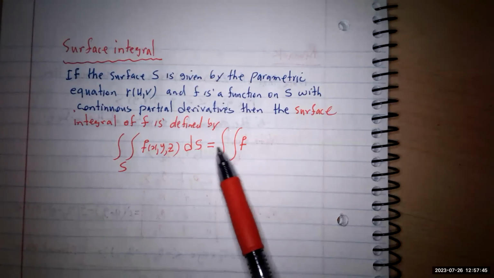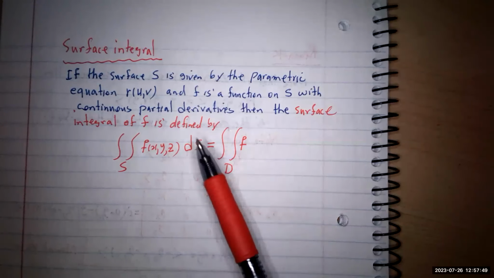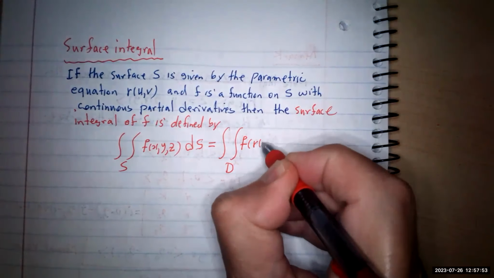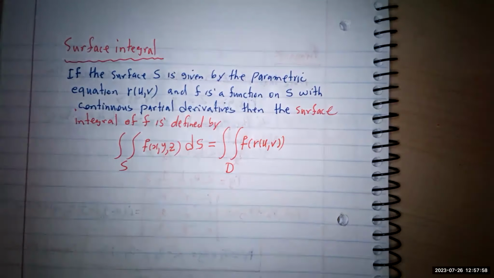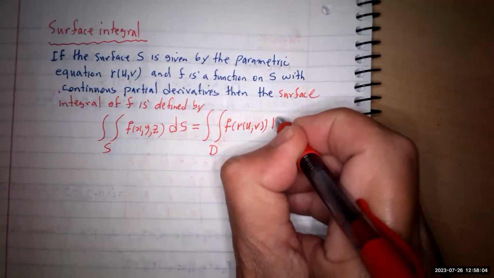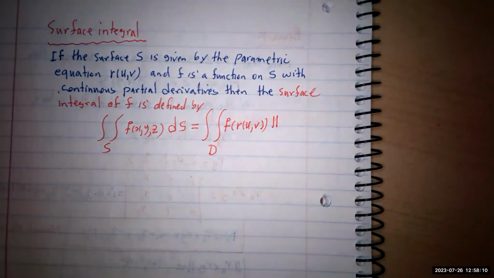Now, instead of f of R of t, you have a parametric equation of the surface, which is f of R of u comma v. You see? That will replace it. Then remember, we multiply by the norm. Previously, we had the norm of R prime of t in the case of the line integral, when you integrate along the curve.